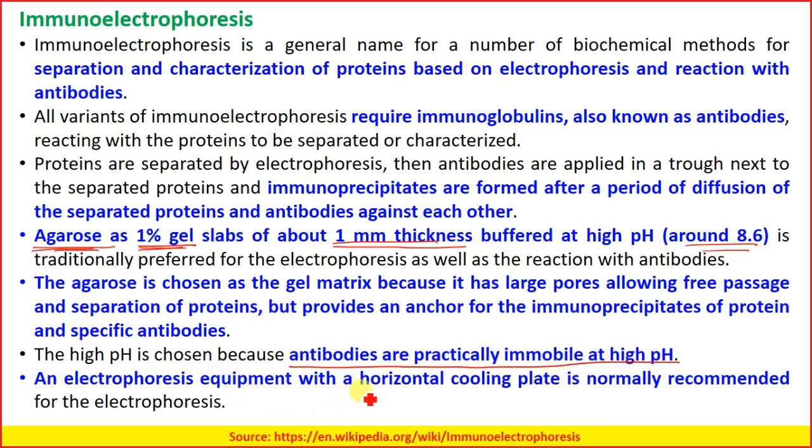Electrophoresis equipment with a horizontal cooling plate is normally recommended because we are using agarose, right? We have seen that agarose gel electrophoresis is performed in a horizontal electrophoresis setup.